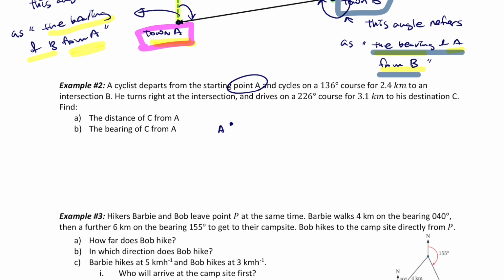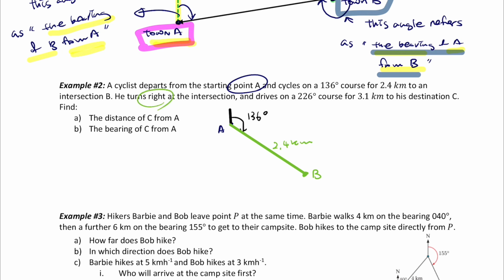So this means if we have a true north line like this, the cyclist goes 136 degrees and cycles all the way to intersection B for 2.4 kilometers.